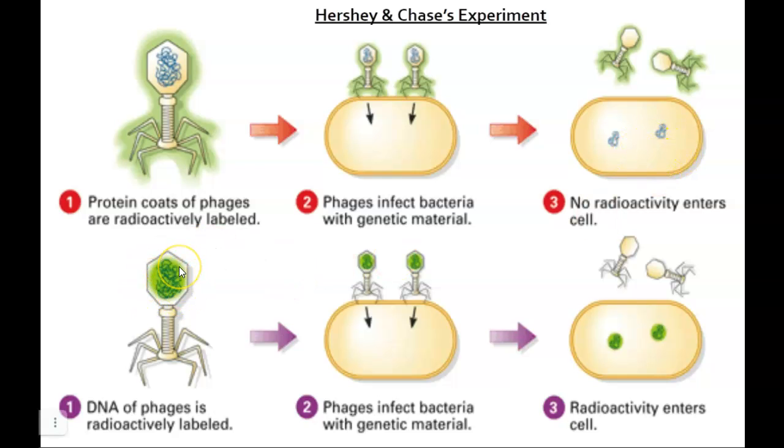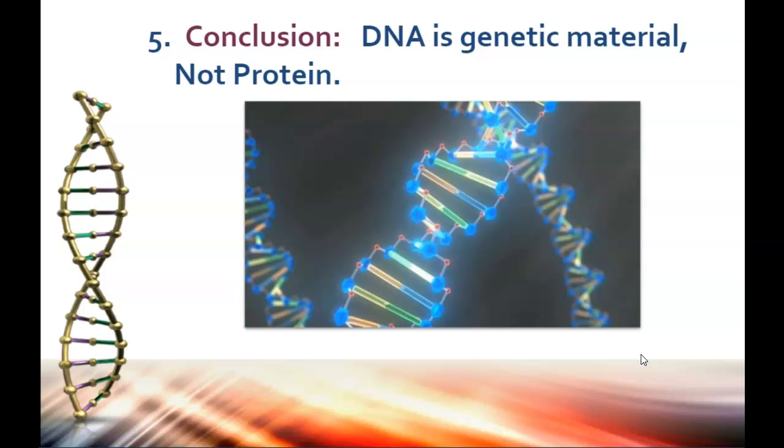They did a separate set of experiments with radioactive phosphorus, which was taken up by the DNA. In the end, they were able to separate out the bacteria from the viruses, and they found the radioactive isotope of phosphorus was in with the bacterial fragments. So this allowed them to say that DNA was transferred, and we knew whatever was being transferred was going to be the genetic material. So now we can say without a doubt, DNA is the genetic material and not proteins.